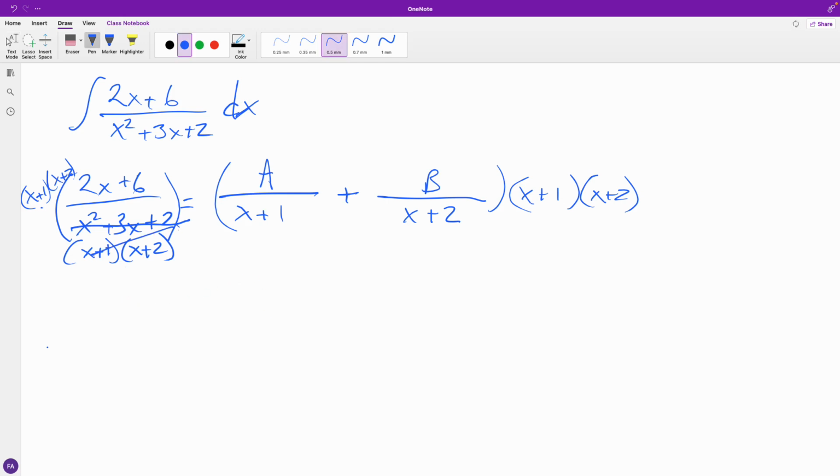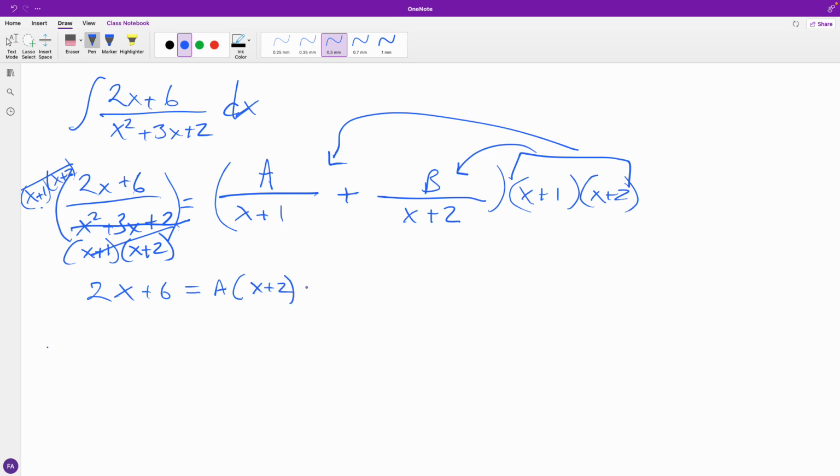What's going to happen on the left-hand side is that it cancels completely, and now I have 2x plus 6 is equal to, now what's going to happen is I'm going to take this piece and multiply it to the a term and the b term. And when I do that, I end up with a times x plus 2, x plus 1 over x plus 1, and b times x plus 1 and x plus 2 over x plus 2.